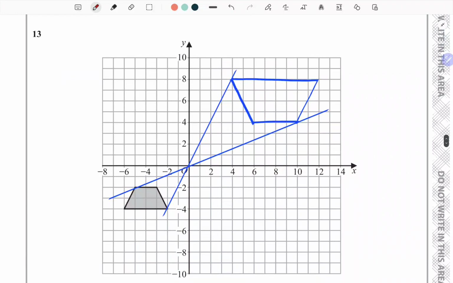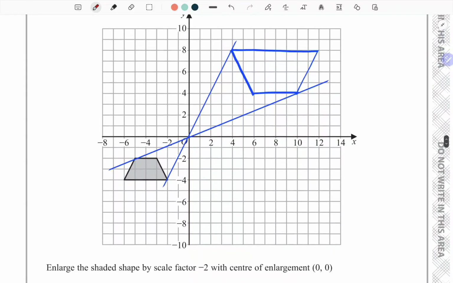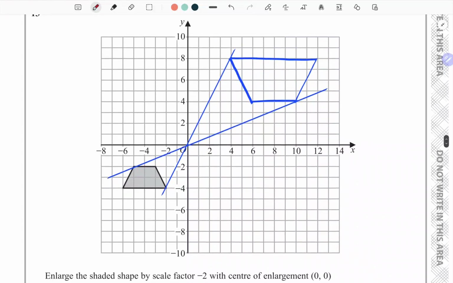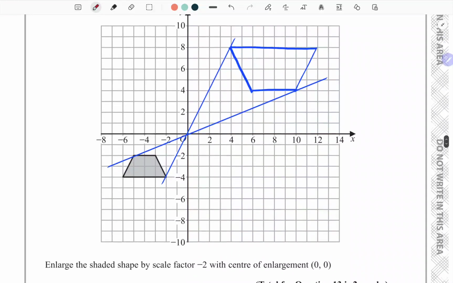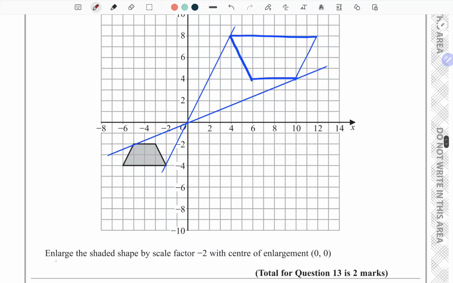Right, number 13. Now this one, I haven't done any annotation other than what's in the question, and I'm going to explain it now. What they want is that you do an enlargement of a shape by scale factor minus 2, and the center of enlargement is the origin, 0, 0. So center of the enlargement is there.